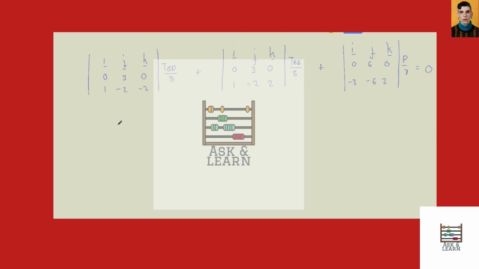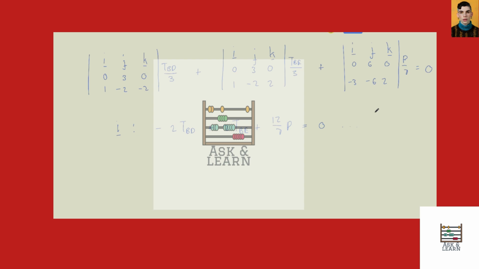So let's look at the I coefficients, and we get from the I coefficients that minus 2 TBD plus 2 TBE plus 12 over 7 times P must equal 0.